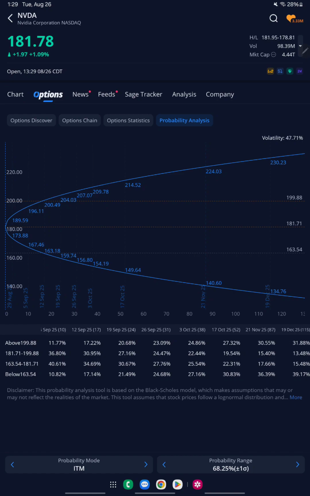We will go to the option chain shortly to look at the price of these. The probability of winning on that trade, of being in the money, is 30.5% for November the 21st and let's say 32%.